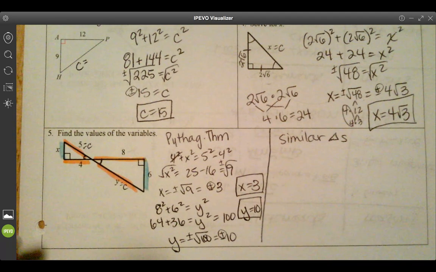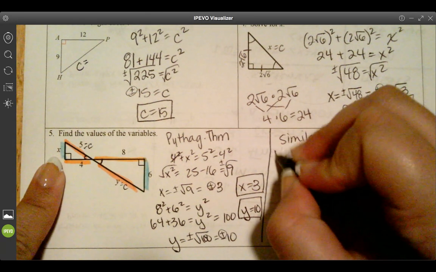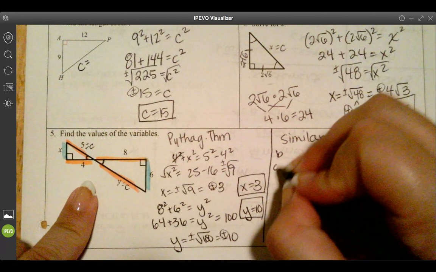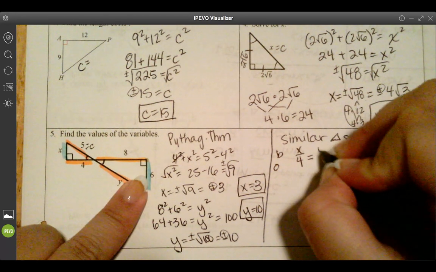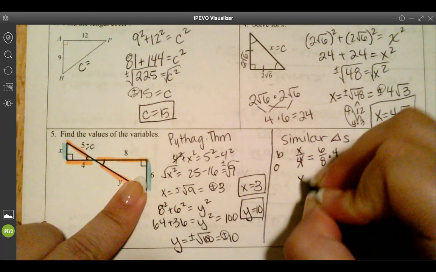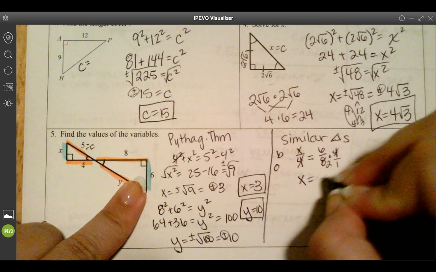Setting up my proportions. If I want to solve for x, I'll do blue over, which one do I know all the numbers of is orange, blue and orange. So that'll be x over 4 equals 6 over 8 times 4 on both sides. X equals, this reduces, so that would be 3.